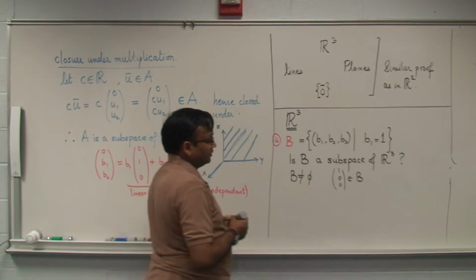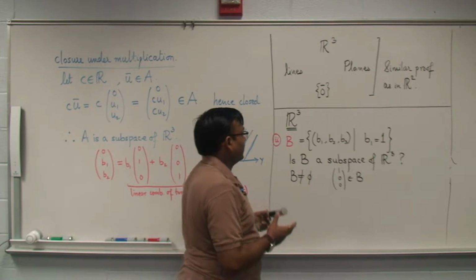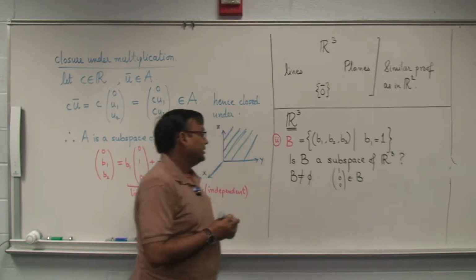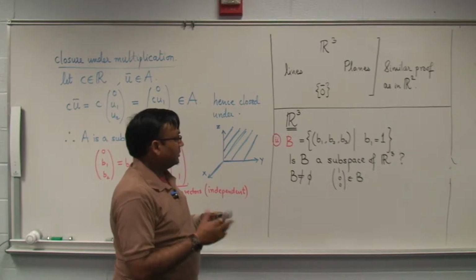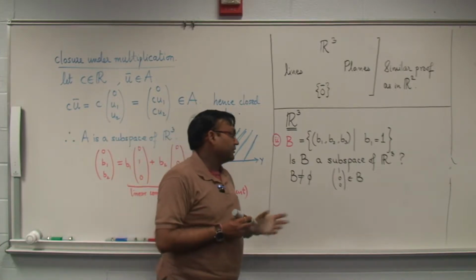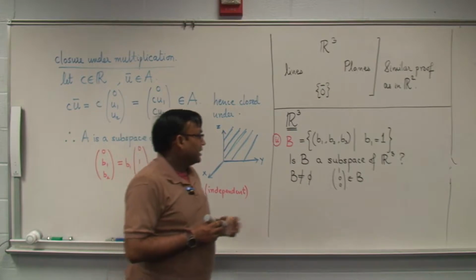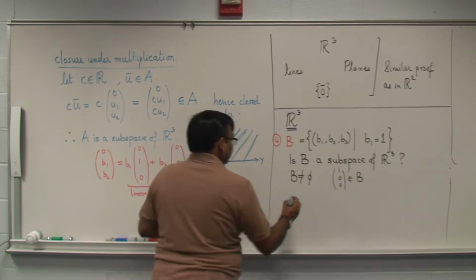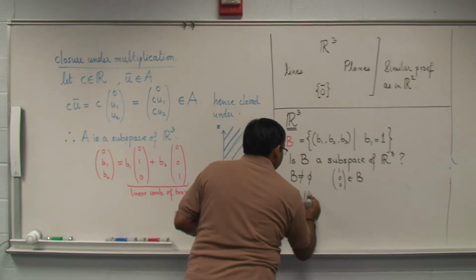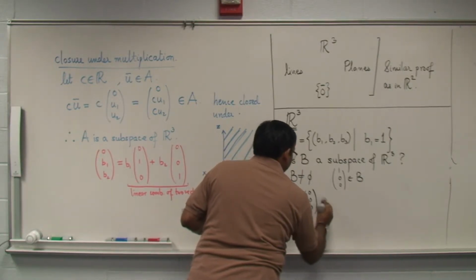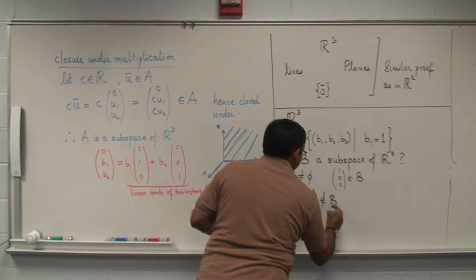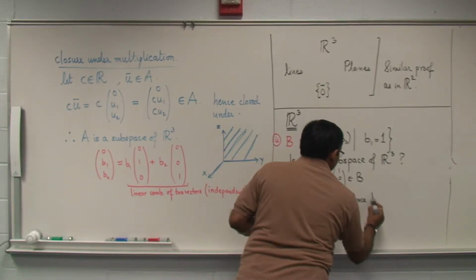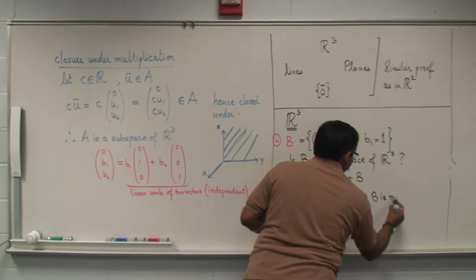Of course, we can go and try to verify them. But is there a simpler way by which we can say something about B? In some sense, I'm already giving you a little bias towards what the answer would be, but there's a reason for it. Now, if you look at it, the first component is being forced to be 1. So we can definitely say that the vector (0, 0, 0) will not belong to the set B. And hence B cannot be a subspace.